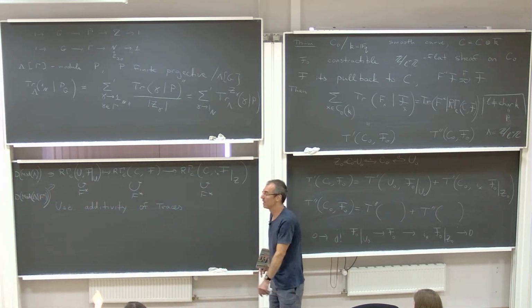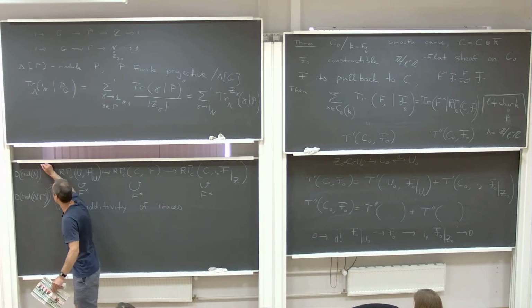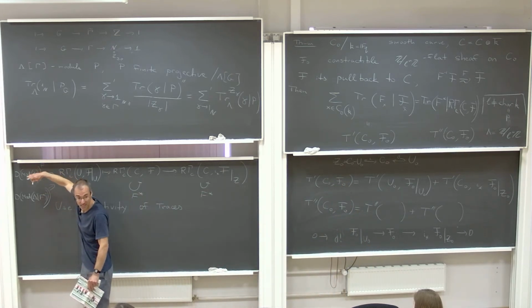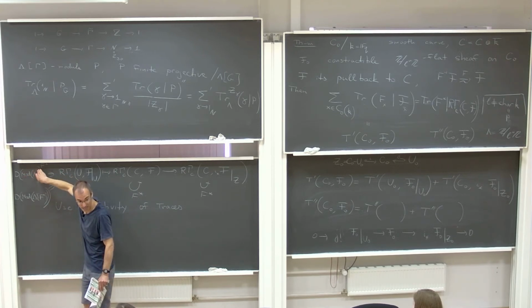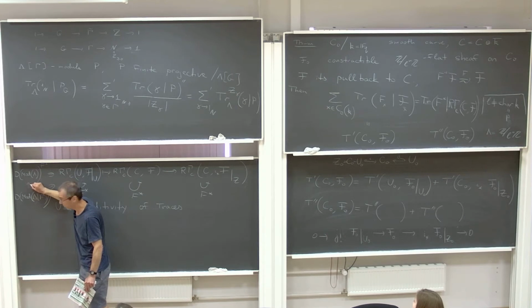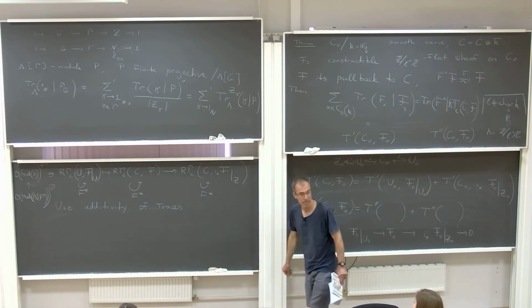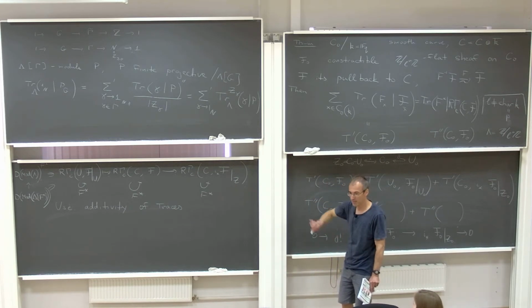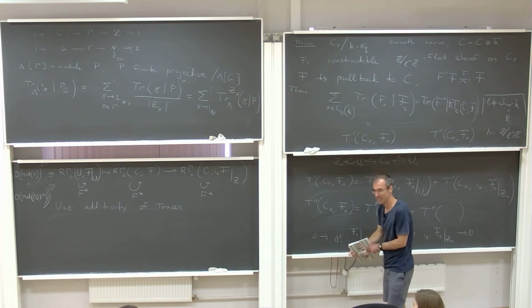You also have a functor in one direction. Well, obvious. So let's denote this category of objects with endomorphisms like this, and then you have a functor, but it's not an equivalence of categories. So if you work with infinity categories, this would be literally true even in this derived setting.